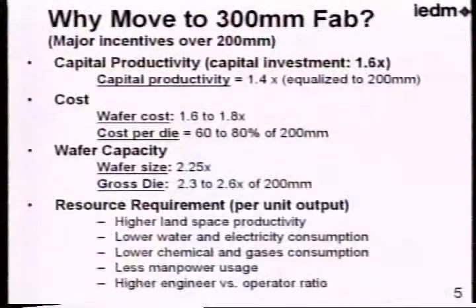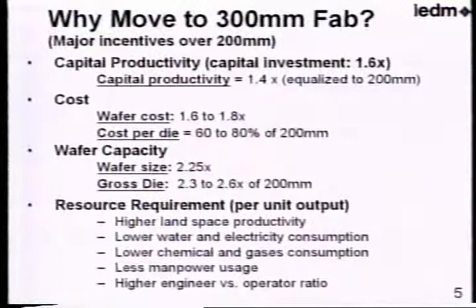So if you use the worst case, 1.8 divided by 2.25, you actually get 80% of the die cost when comparing a 12-inch wafer with an 8-inch wafer. But the gross die per wafer, depending on the die size, can be somewhere between 2.3 and 2.6. Like in this morning's Intel presentation, they quoted the number as 2.5. That's strictly depending on your die size. So you use the best case.